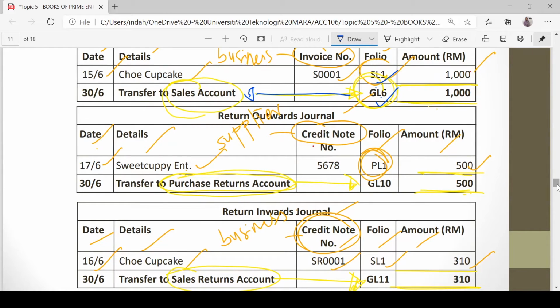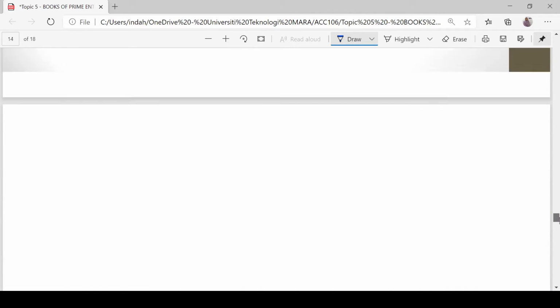Next, return outwards. We have PL1 here, GL10. We do have PL1 previously. We have recorded PL1, so we're going to update this account only. Return outward means that you return goods to your supplier. So what happened to your liability? Your liability decreases. So you are going to debit in account payable, Sweet Copy, PL1. Let's look for PL1.